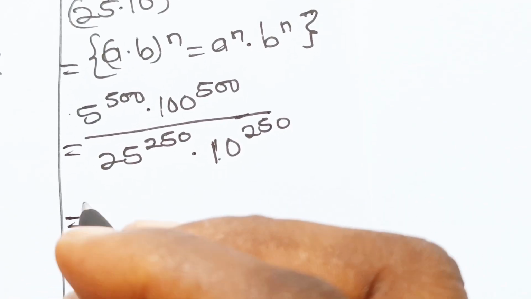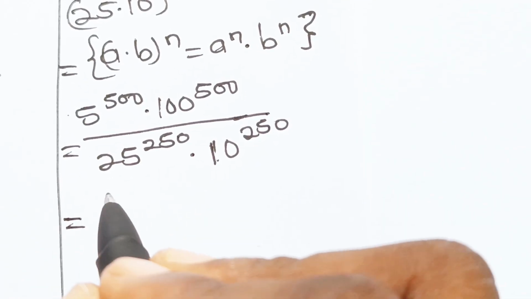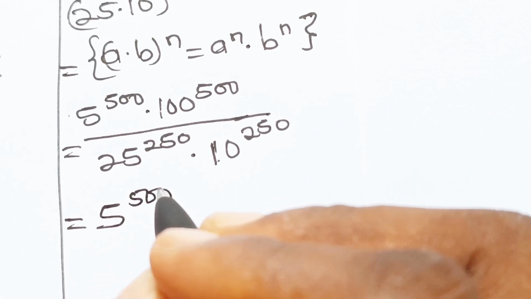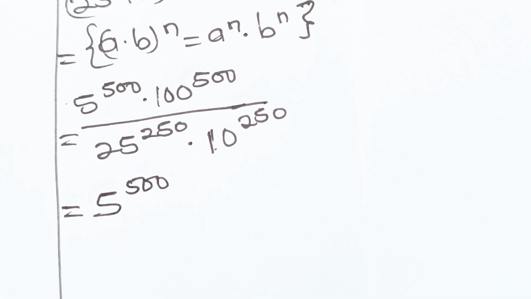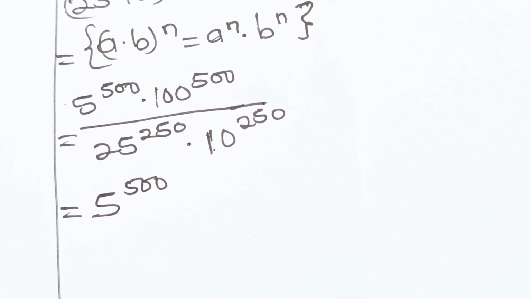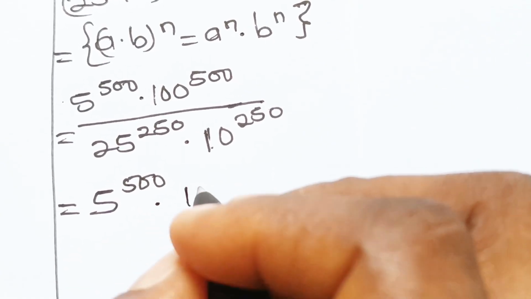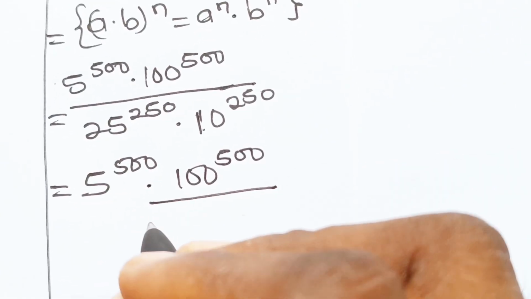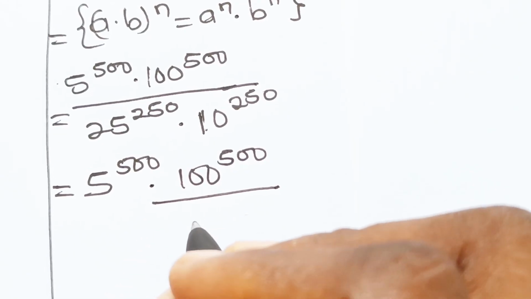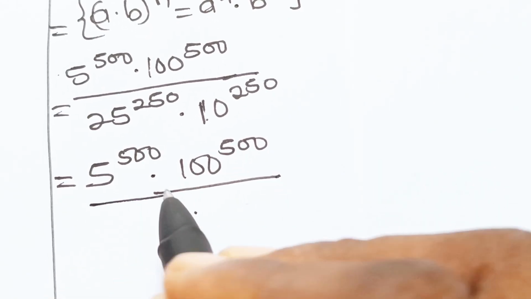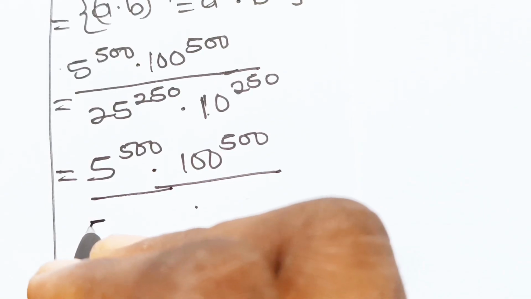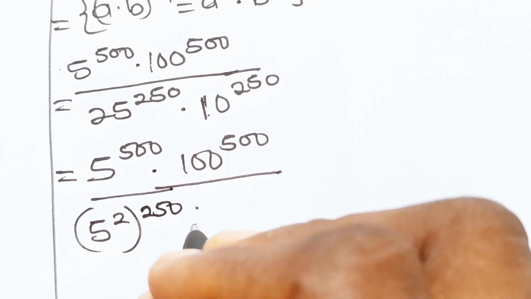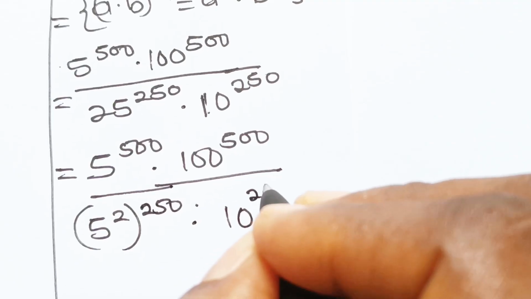Now this 25 is the same thing as 5 to the power of 2, raised to the power of 250, multiplied by 10 raised to the power of 250.